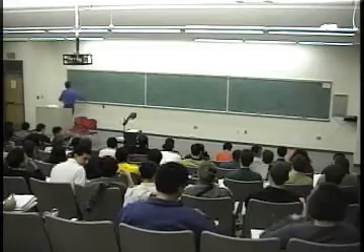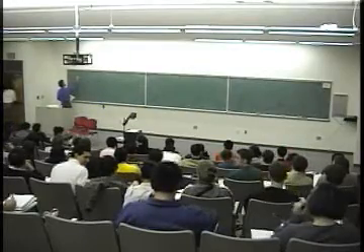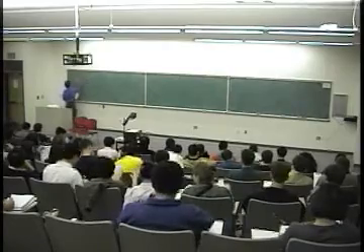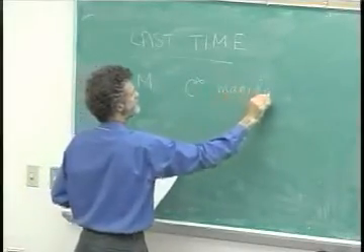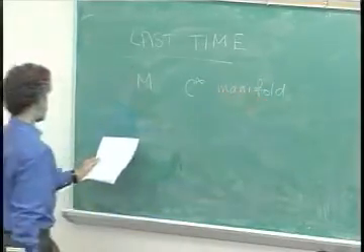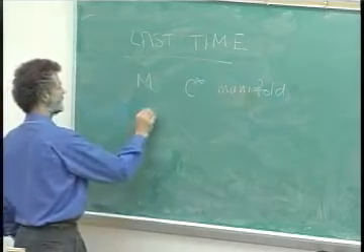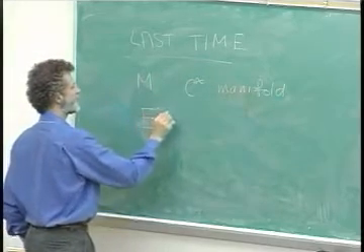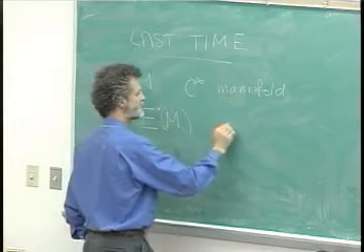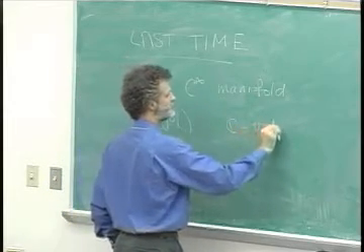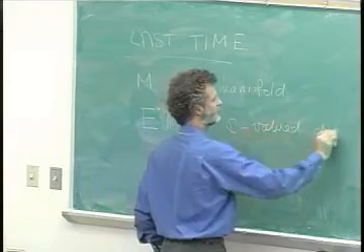All right, so let me remind you of what we did last time. So M is a smooth manifold, and the de Rham complex of M, so these are the complex valued differential forms.